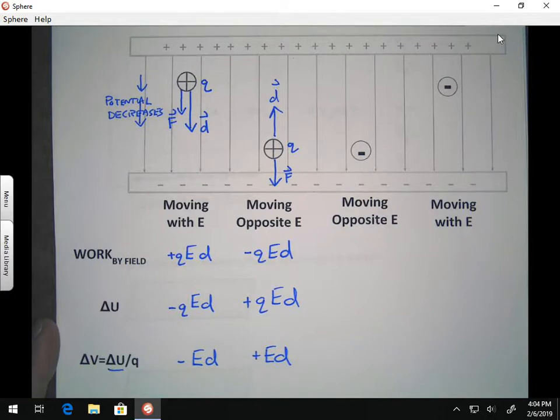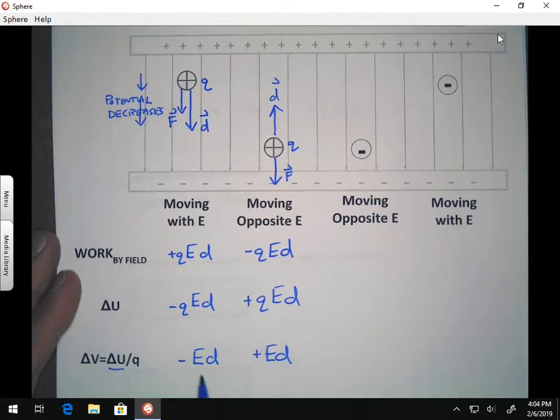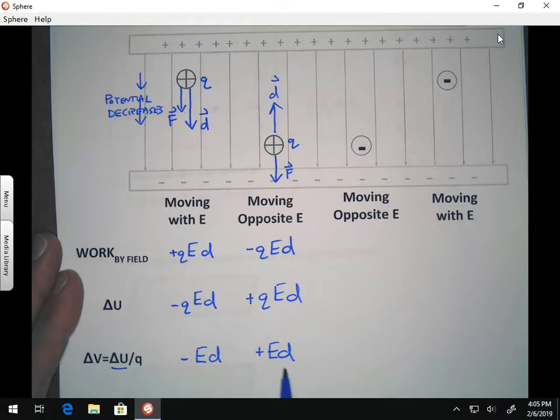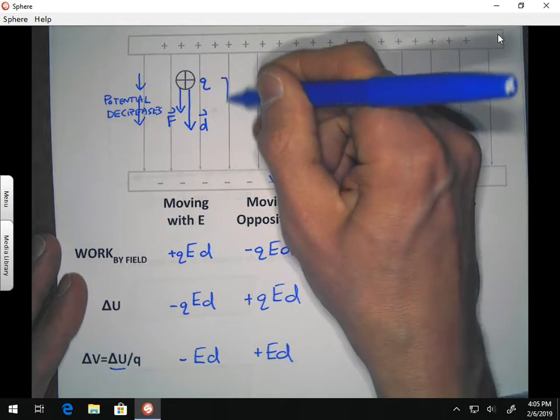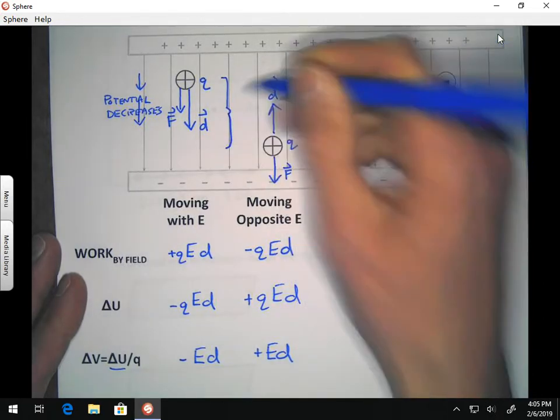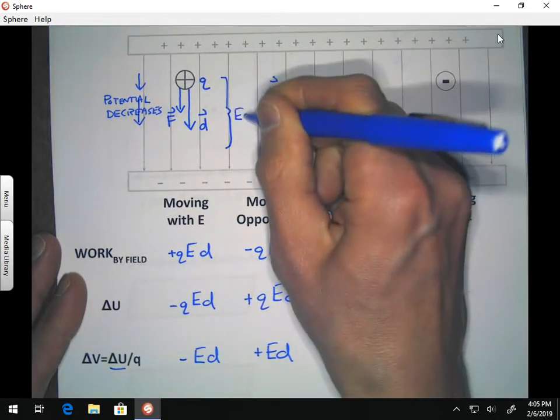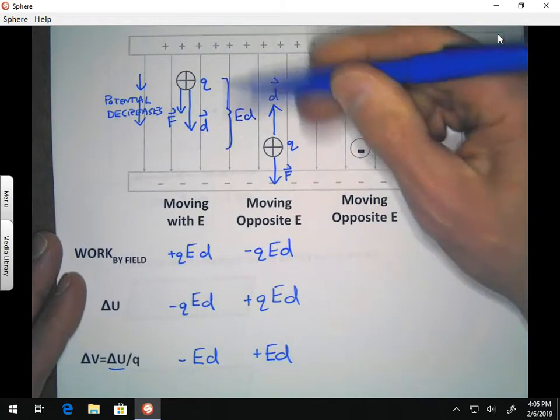Okay, so there's this guy named Ed who keeps showing up here. Ed is electric field times the displacement parallel to the field. And basically, Ed is the difference in potential between your starting point and your ending point.